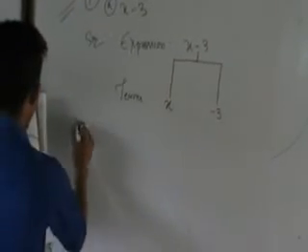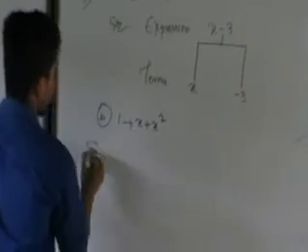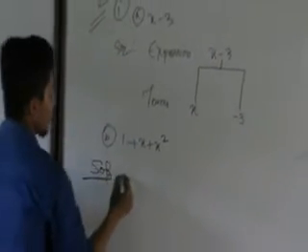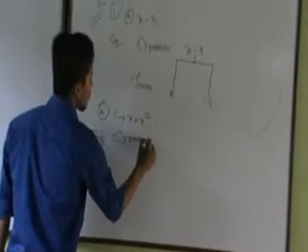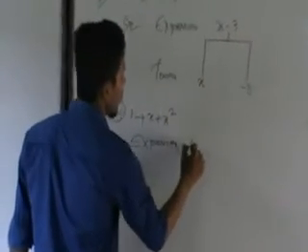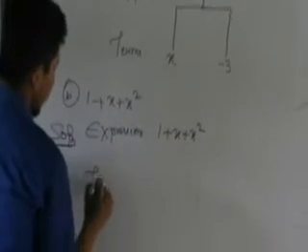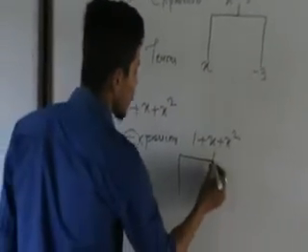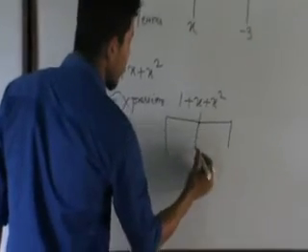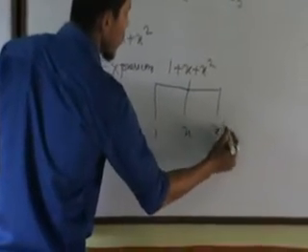Clear? Yes. We already have factors here. So we will go for question number B. There is 1 plus x square. The same as this, we have to write the expression first. The expression is 1 plus x square. So we have to write the terms now. How many terms are there? 3 terms. What will be the terms here? 1 and x square.